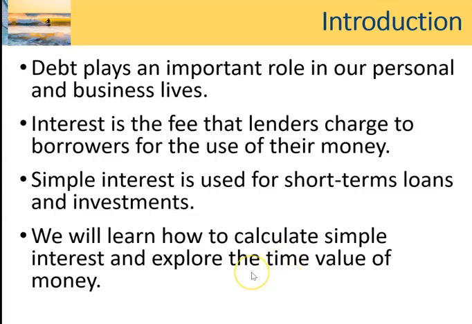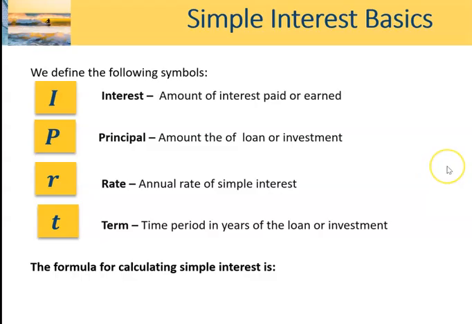So when we talk about simple interest, as I mentioned, it's on short-term loans and investments. The basics of simple interest involve the interest, the principal, so the amount of the loan or the investment, the rate of interest, so your annual rate as a percentage, and the term, the time period in years of the loan or investment.